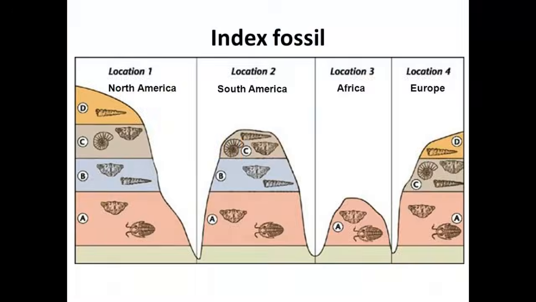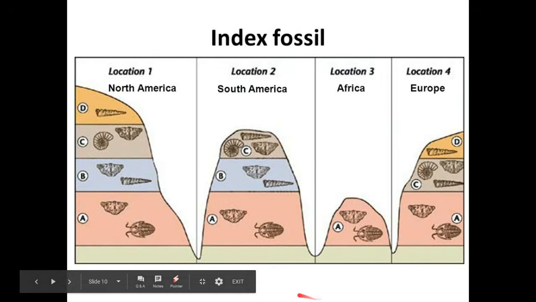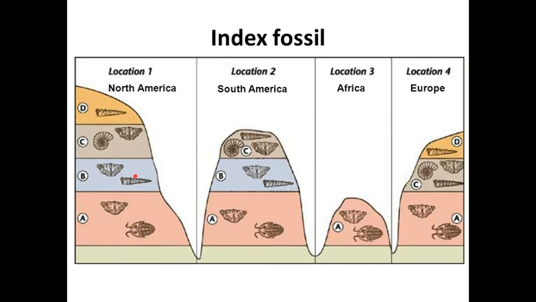So in this particular diagram, very similar, you see we have this particular fossil here. It's found in many rock layers, so it is not considered really a useful index fossil. And then same thing here, this brachiopod-looking thing is also found in many rock layers, so another not useful index fossil.